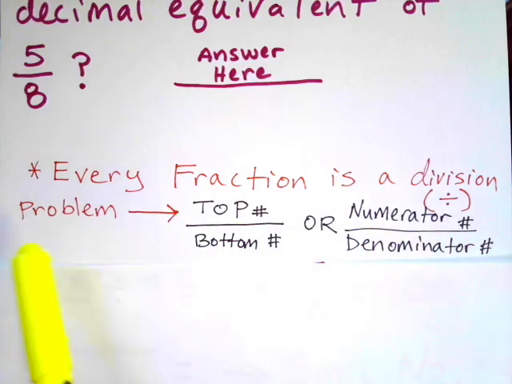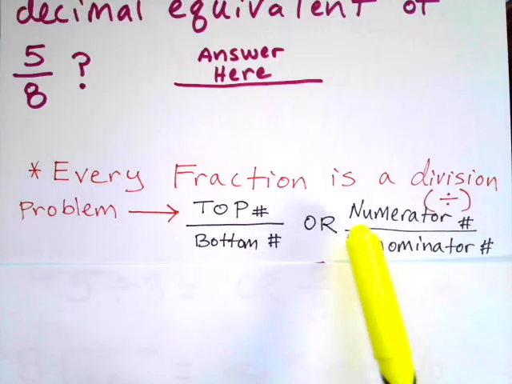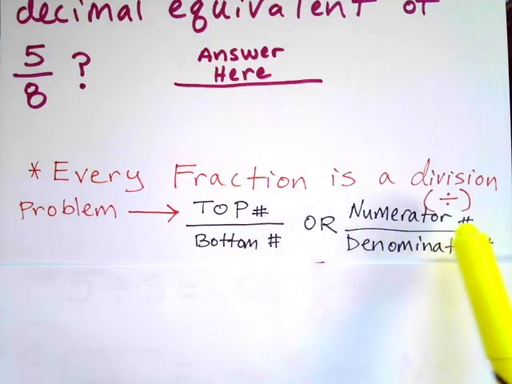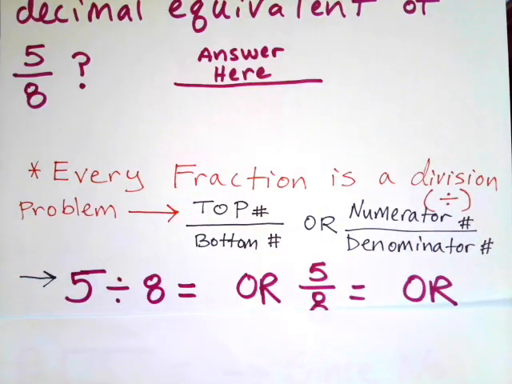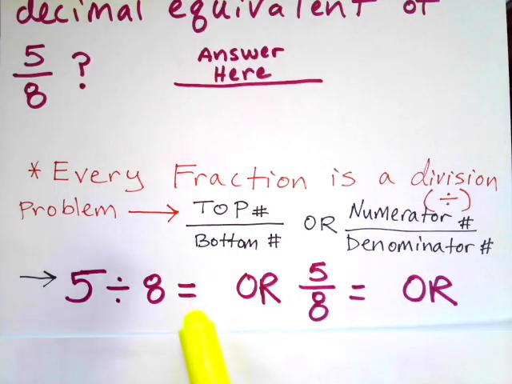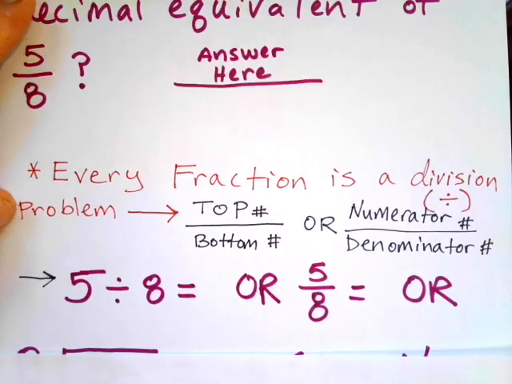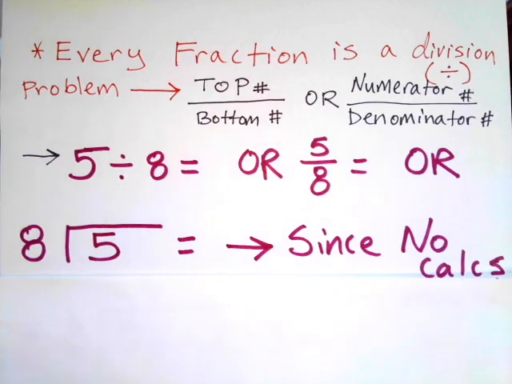So every fraction is a division problem. The top number divided by the bottom number, or in math terms, the numerator, which is your top number, divided by the denominator, which is your bottom number, right? So an example here, like I said a moment ago, 5 divided by 8. 5 divided by 8 equals, or 5/8 equals, or another way to write this, these are three different ways to write the exact same thing, 5 divided by 8.